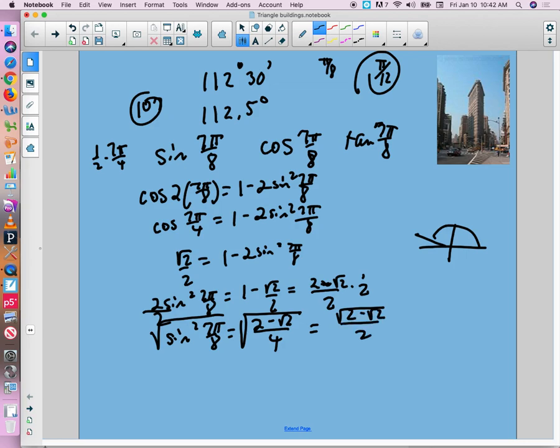Right. So I was doing it where I kept cosine 7 pi over 4 as cosine 7 pi over 4 instead of putting it as root 2 over 2. And then I solved it from there.